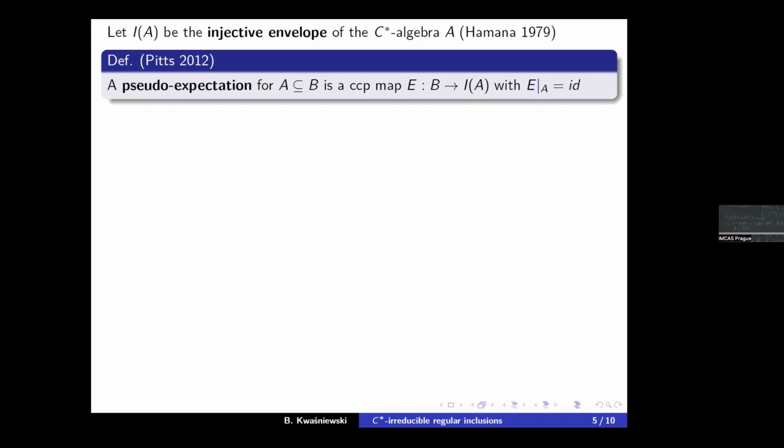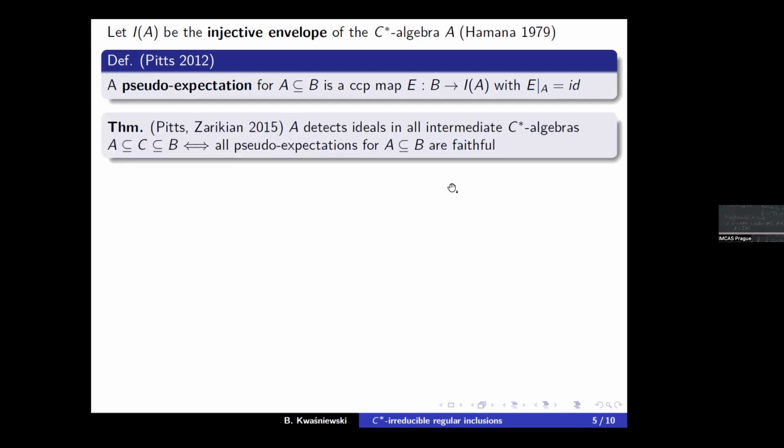And so recently people started to study these, especially David Pitts. So one nice result due to Pitts and Zarikian tells you that this detection of ideals in intermediate C*-algebras, those defined there, holds if and only if all pseudo-expectations are faithful, meaning they do not kill non-zero positive elements.